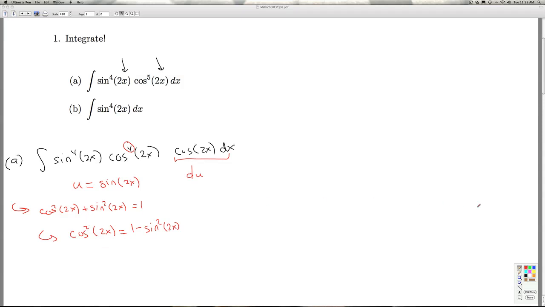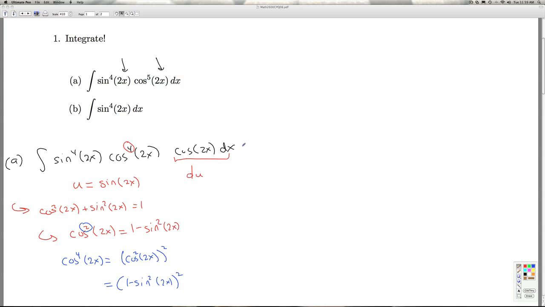And since I can do it for cosine squared, I can do it for any even power of cosine, including cosine to the fourth. This says that cosine to the fourth of 2x, which I can think of as cosine of 2x squared squared, is 1 minus sine squared 2x squared.